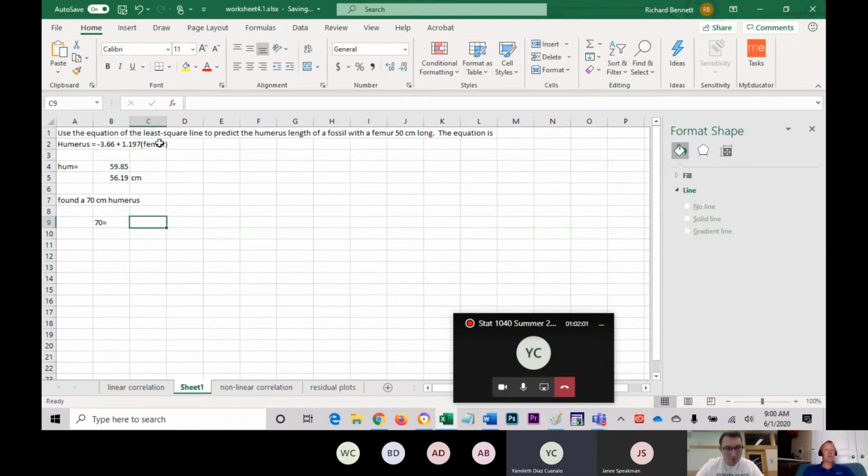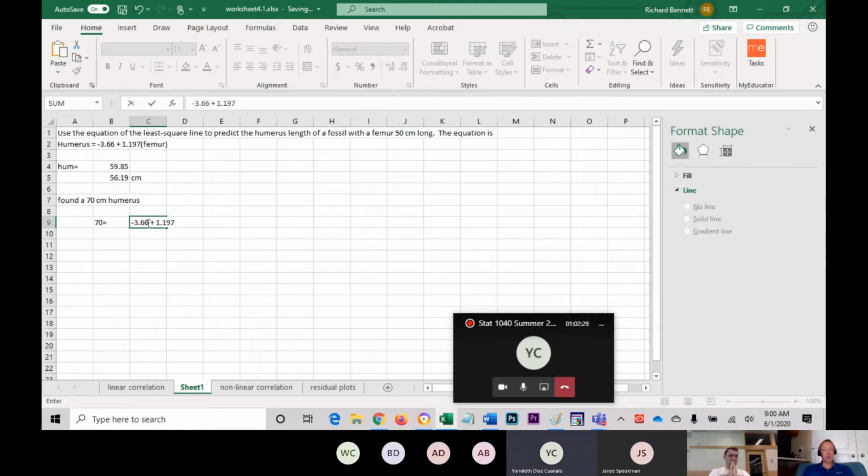Okay, now remember this is the femur length, so we've got to be careful with this. So it's going to be 70 equals negative 3.66 plus 1.197 times 56.19.